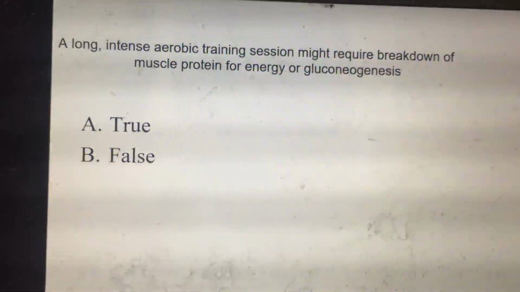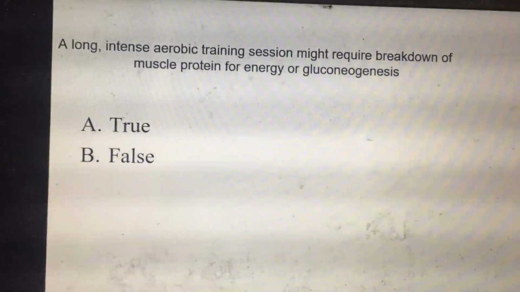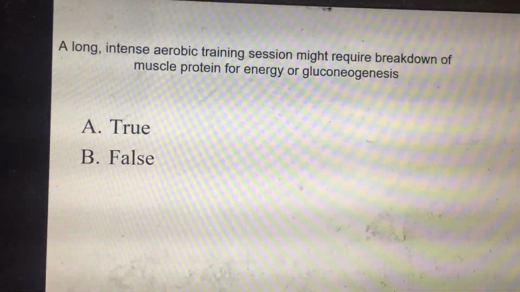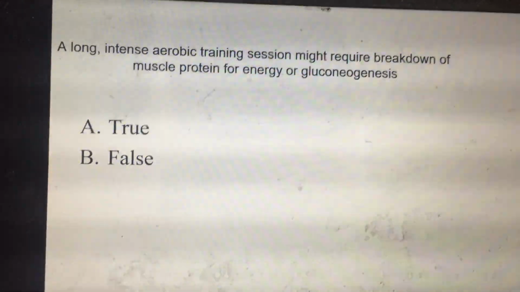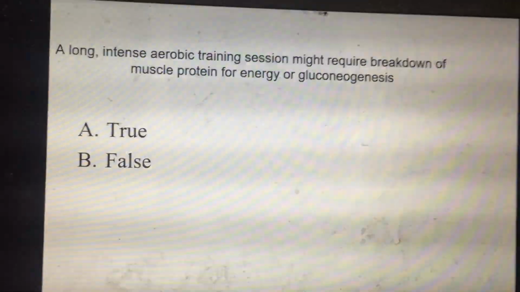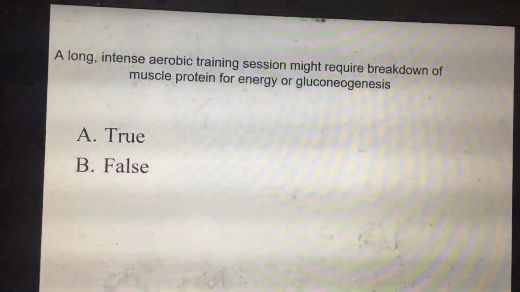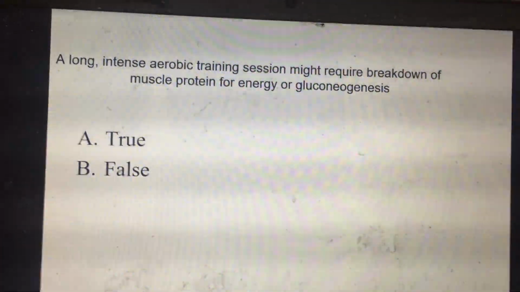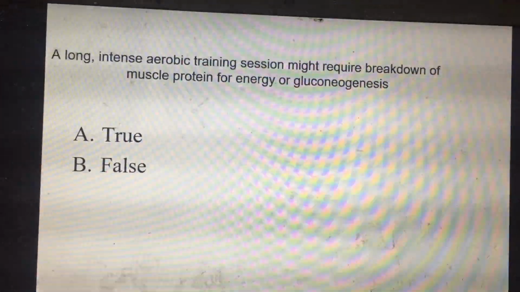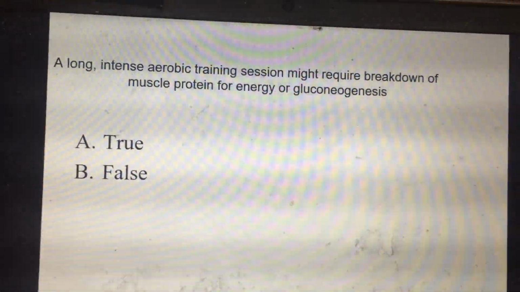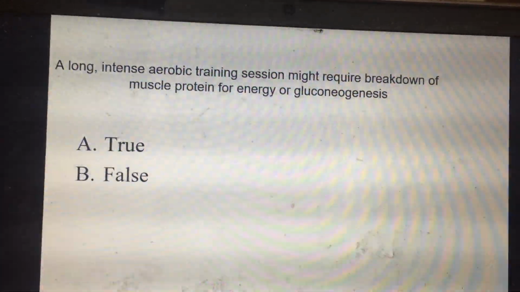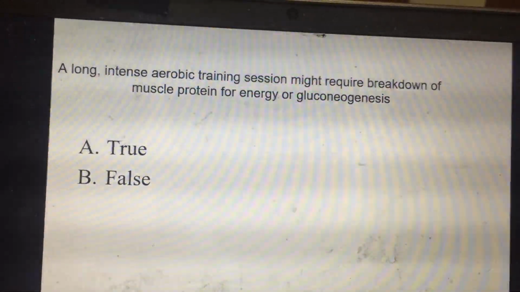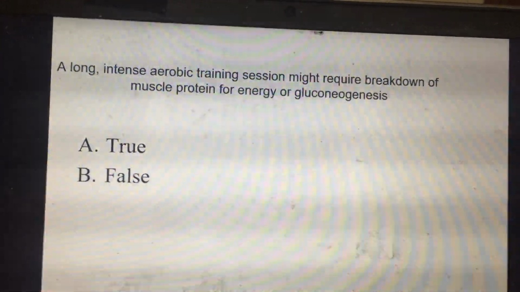Then you get the amine group combining with pyruvate to form alanine, goes to the liver to form glucose in gluconeogenesis. So this is another way that aerobic training might interfere with your strength training adaptations. If you're getting breakdown of protein in your muscle for energy for aerobic performance, then it's going to interfere with your strength training adaptations.